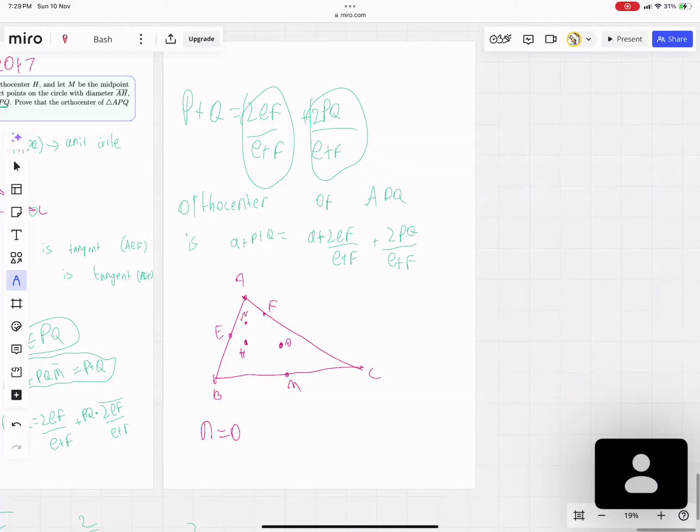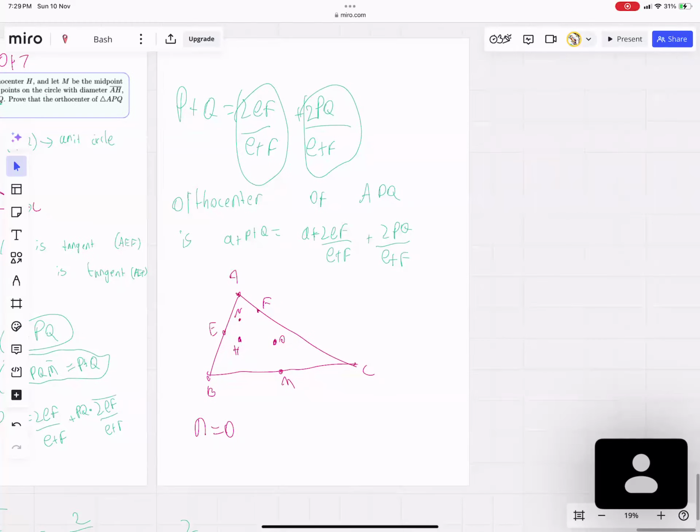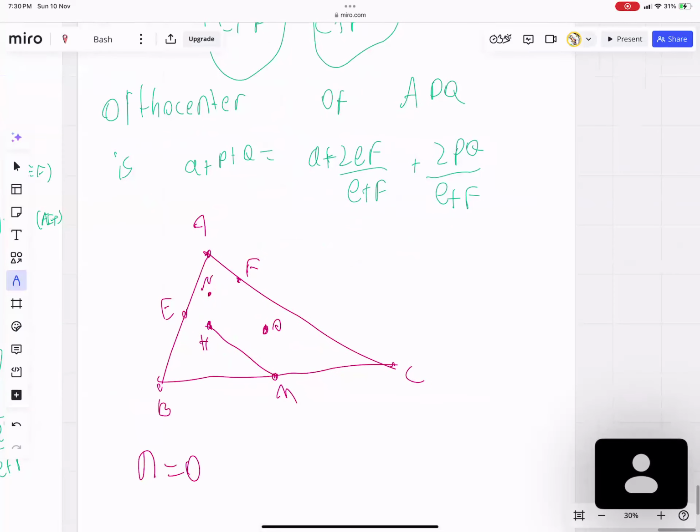So what's one synthetic observation you can make about these NH points? NH is equal to OM. Okay, why is that the case? Why is MH equal to OM? But it wouldn't help.